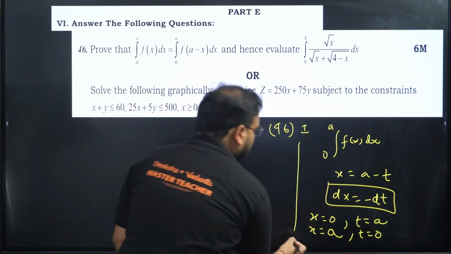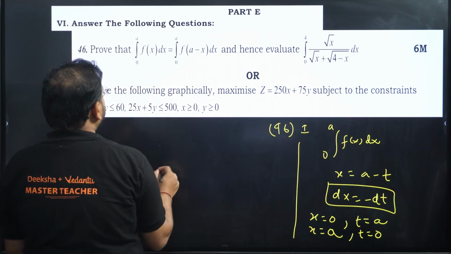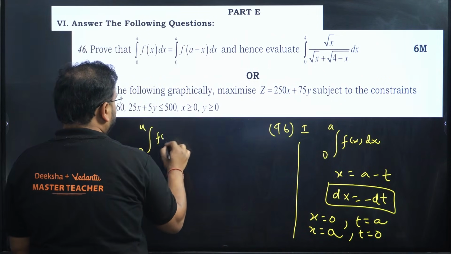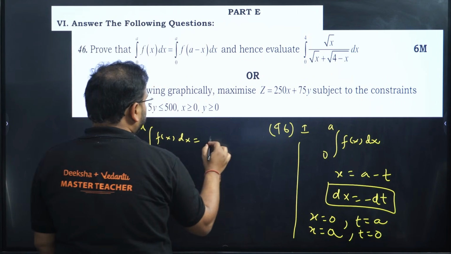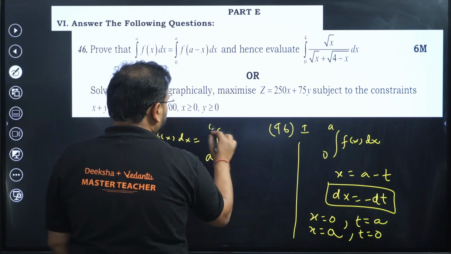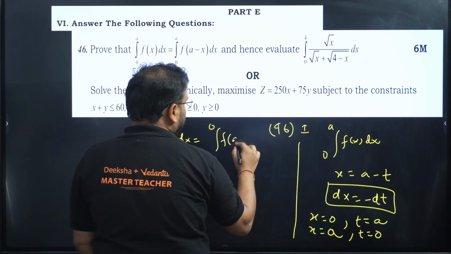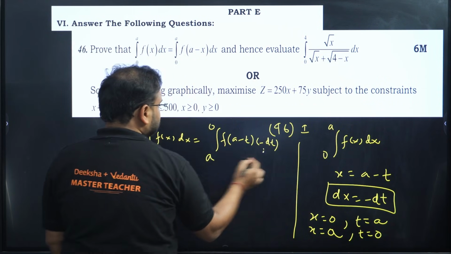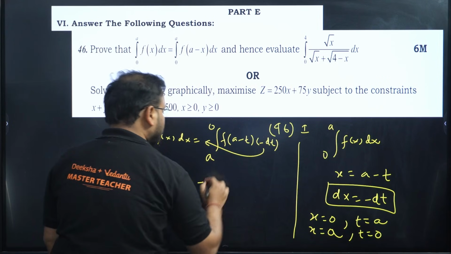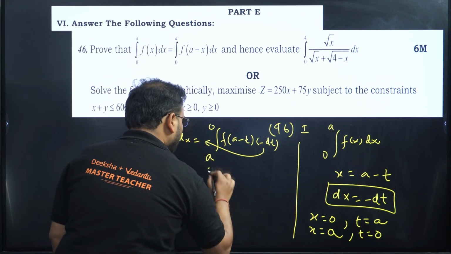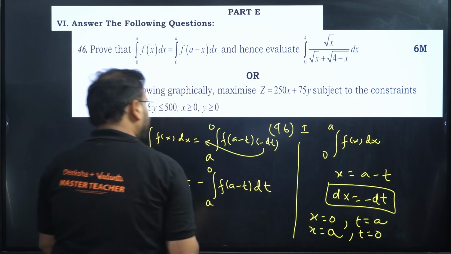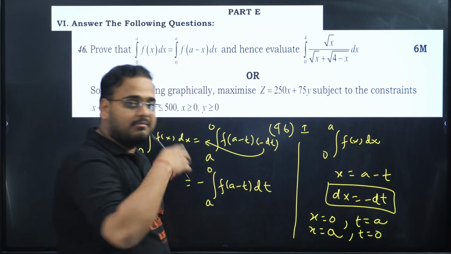Now use all of this together. You have this integration 0 to a of f of x dx will become a to 0 of f of a minus t times minus dt. Am I right? Now bring this minus sign outside. You'll have minus a to 0 of f of a minus t dt. Use this negative sign in the limit. The limit will interchange.